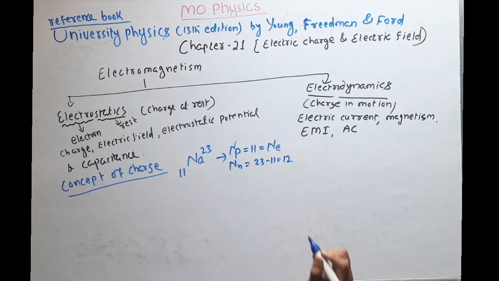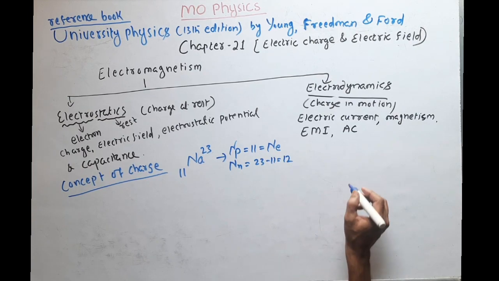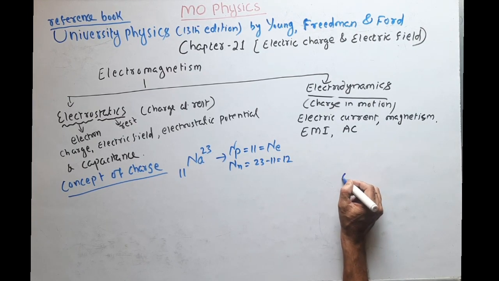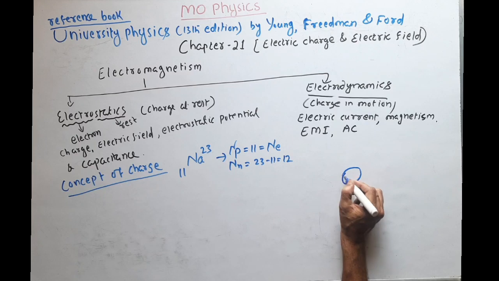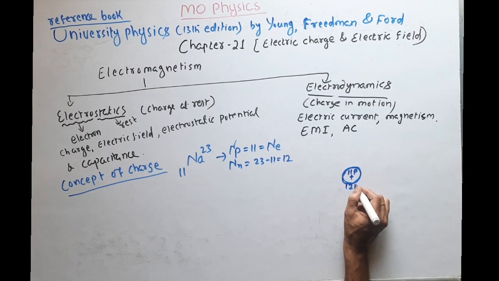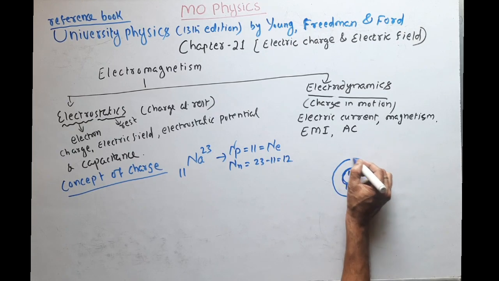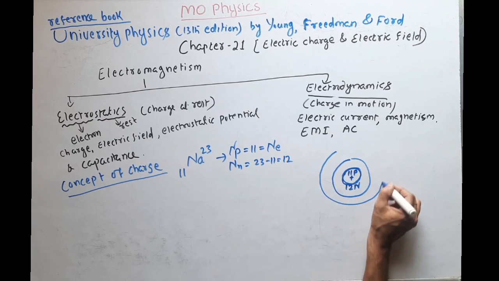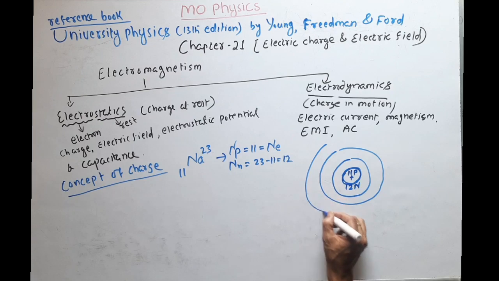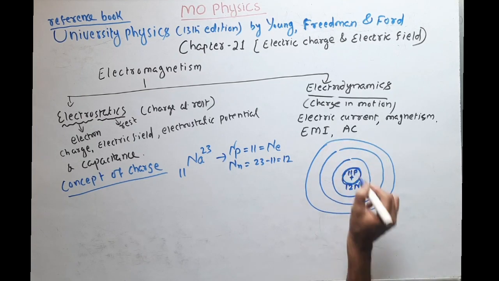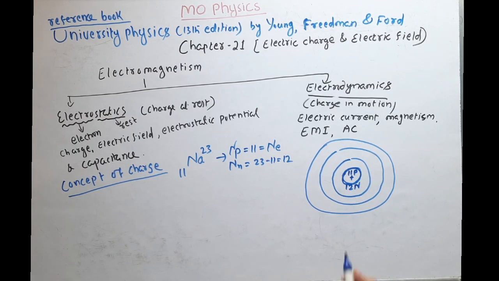If you see the atomic structure, inside the atom there is a nucleus. In the nucleus there are 11 protons and 12 neutrons. Surrounding the nucleus, electrons revolve, as you have read in chemistry.